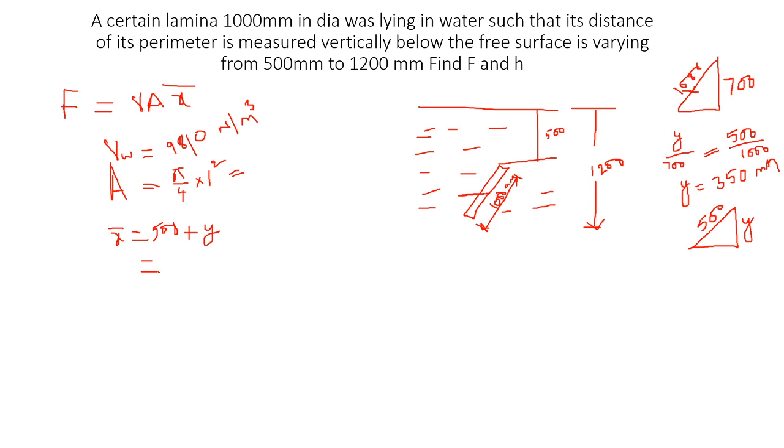Here I am substituting 500 plus 350 mm. Then X bar equals 0.85 meters, 850 mm.